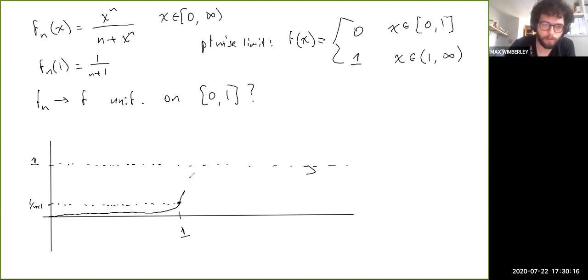After x equals 1, you get this kind of weird behavior.